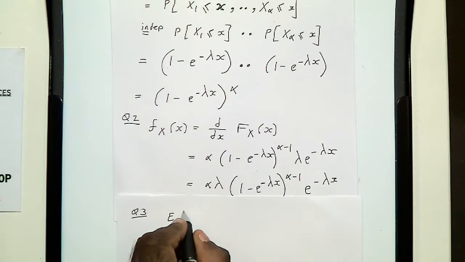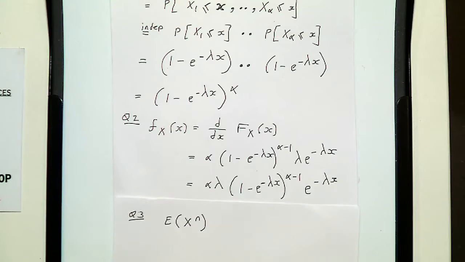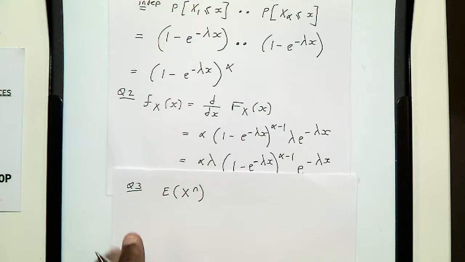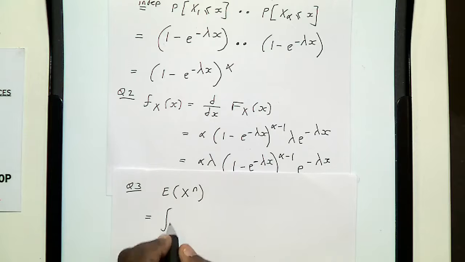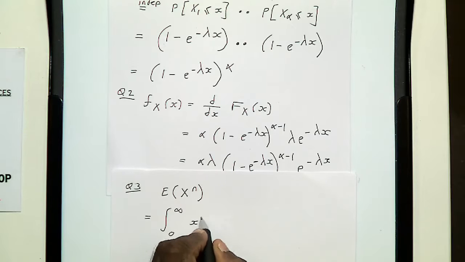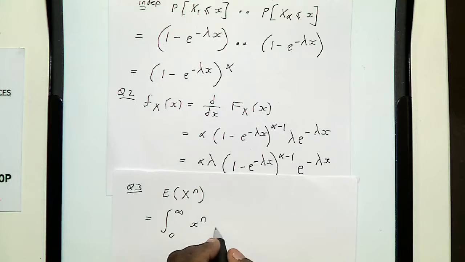The nth moment means the expected value of x to the power n. In this case, this will be the integral, because you're dealing with a continuous random variable. It's the integral from 0 to infinity of x to the n multiplied by the density function, which is this one here. So it's alpha lambda.